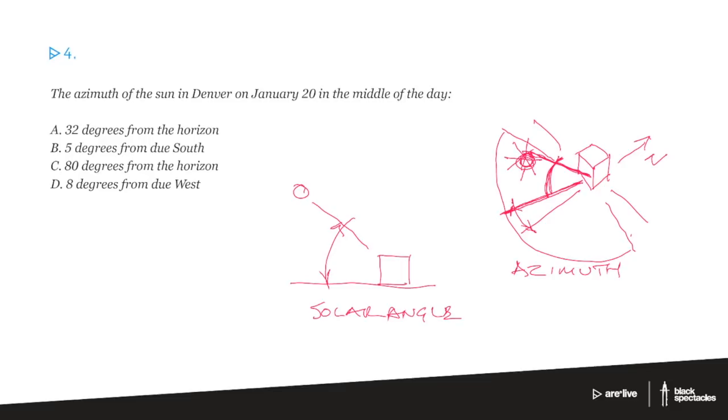So azimuth is the degree off of a cardinal direction. Cardinal direction means south, north, east, west. Almost always, at least in the northern hemisphere, when you say azimuth, you're talking about off of the south, but it can actually be off of any of them. So the only answer that makes any sense would be 5 degrees off of due south.